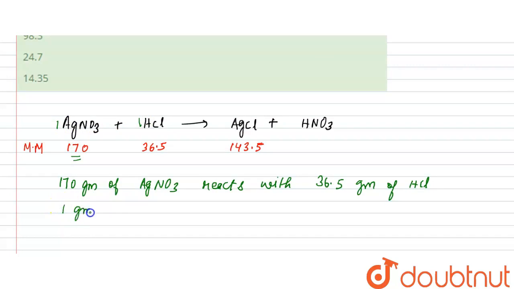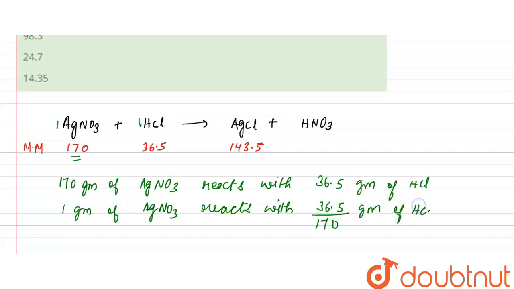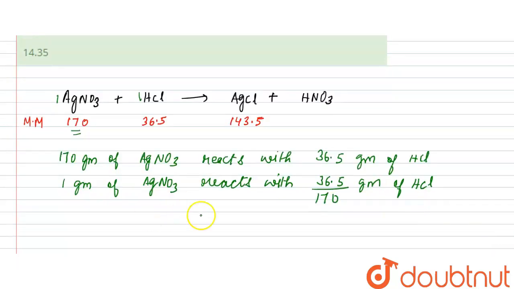So what you can say, 1 gram of AgNO3 reacts with how much gram? 36.5 divided by 170 gram of HCl, right? So 1 gram of AgNO3 will react with 36.5 divided by 170 gram of HCl, just unitary method.